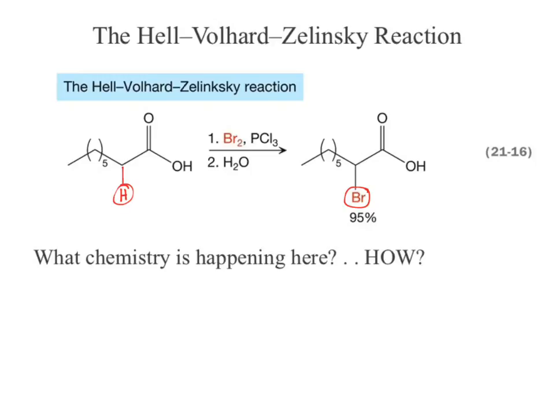So we have a positive bromine coming in, which means our carbon needs to be negative. How could it become negative? What do I need to do? Resonance, tautomerization, remove that hydrogen so that I would then have the carbanion, right?